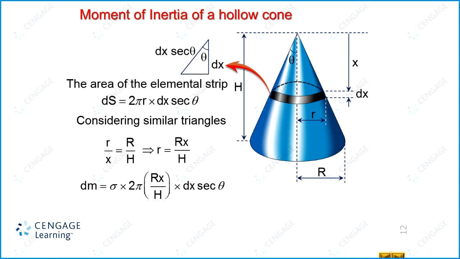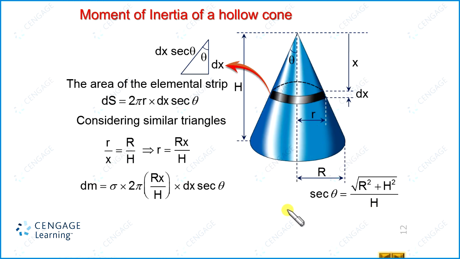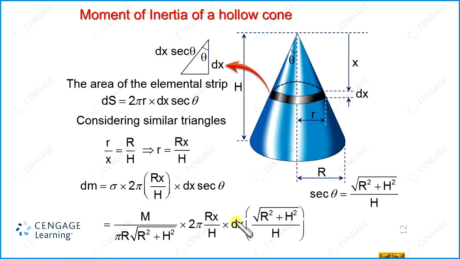For calculating sec theta, we can again observe here this is equal to capital R and this is capital S. That means this distance should be equal to root of R square plus H square. That means sec theta equal to under root R square plus H square divided by capital H. This is the sec theta. We can substitute the value of sec theta in this relation. Okay. So we got the value of dm.